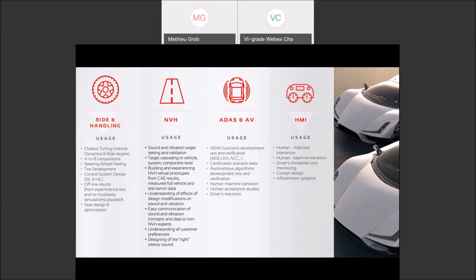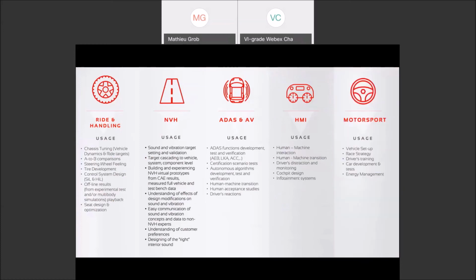Of course, HMI, because as you have seen on some videos, we can put a real car cockpit on the car, so you are driving your car with the real car interface. And as we said also, of course, high-end motorsport usage with faster, high dynamic capabilities of the system.